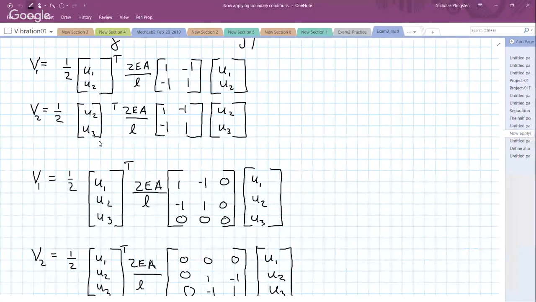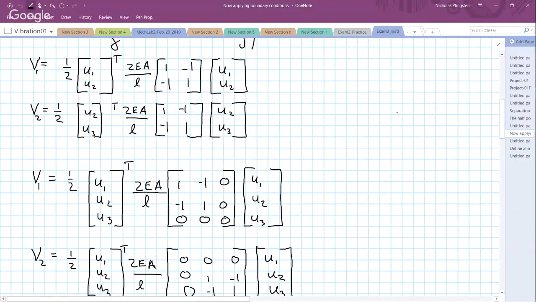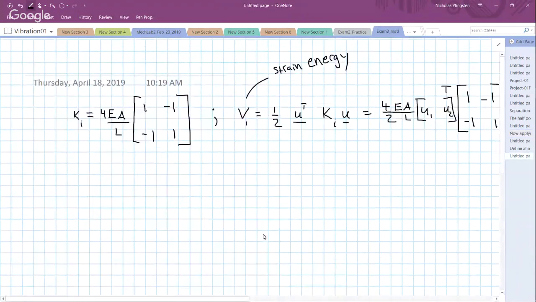All I did here is rewrite the strain energy in terms of U1, U2, which is what it really depends on, and U3, which it doesn't depend on.